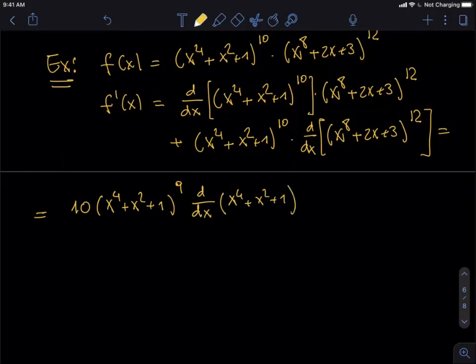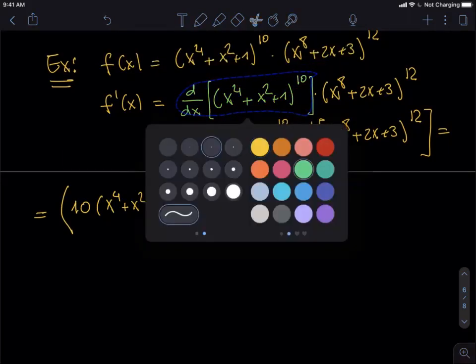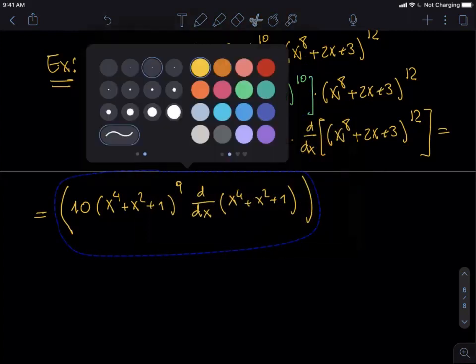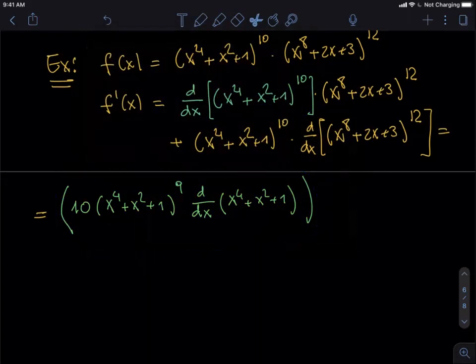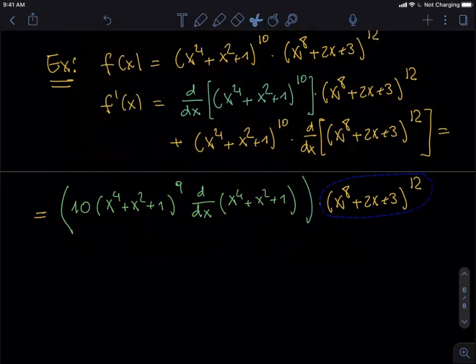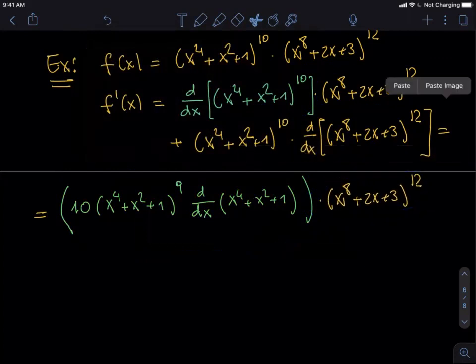And now, of course, let me use colors here. So this is just the first part. So this will be this part. Okay, and then it goes multiplied. We need to remember that it was multiplied by something else. And then we take the second part.